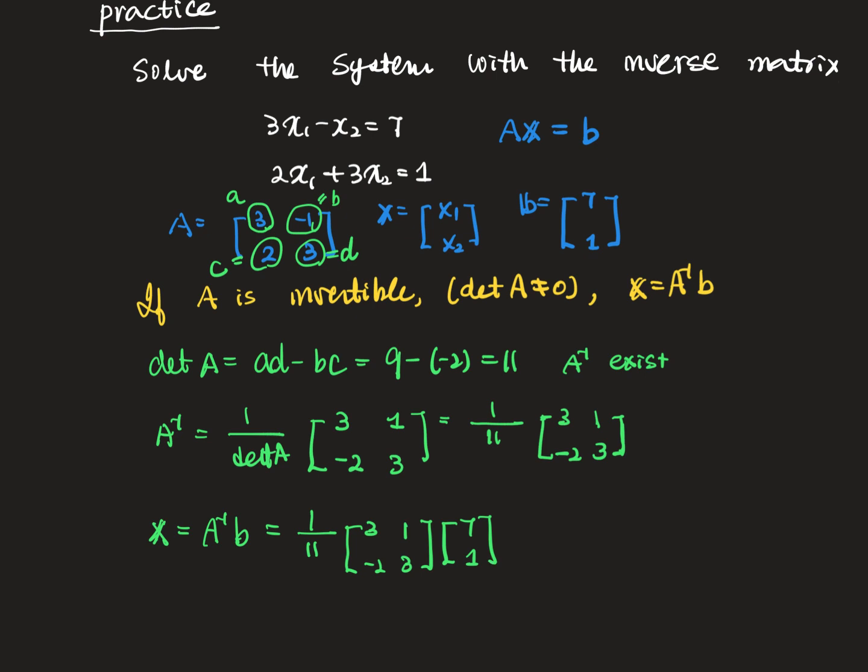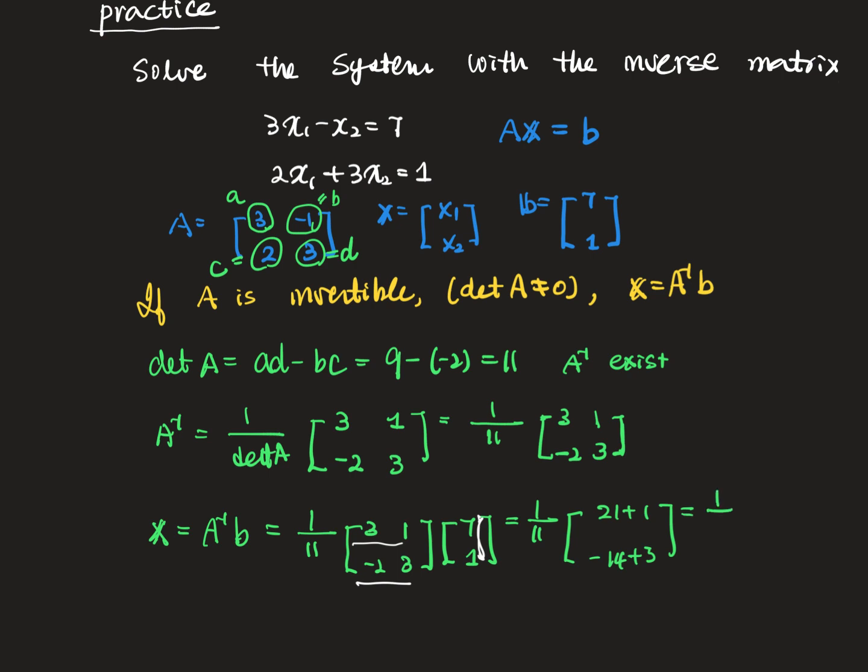All right, let's do the multiplication of matrices first. 1 over 11. Remember, first row, first column: 21 plus 1. Second row, first column: negative 14 plus 3.